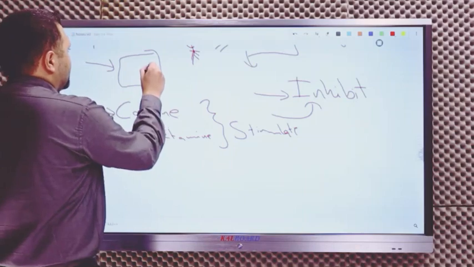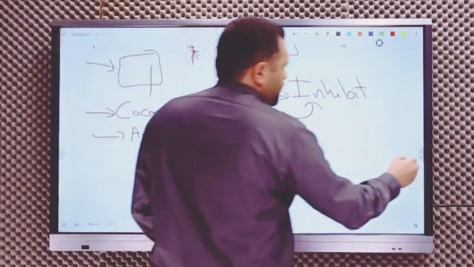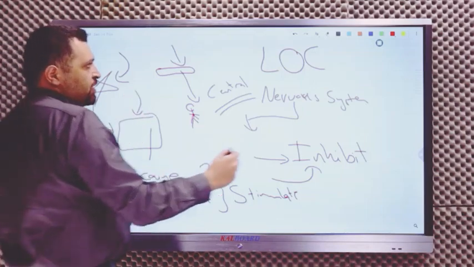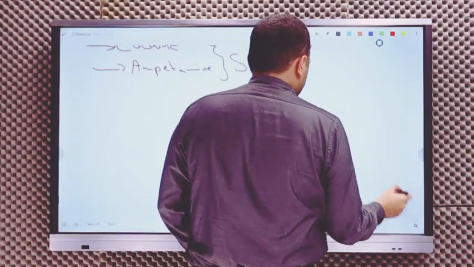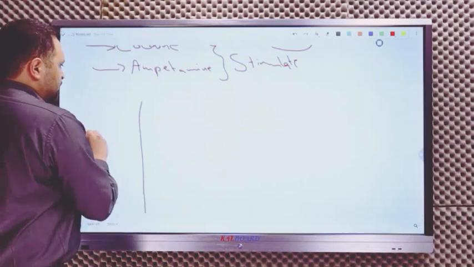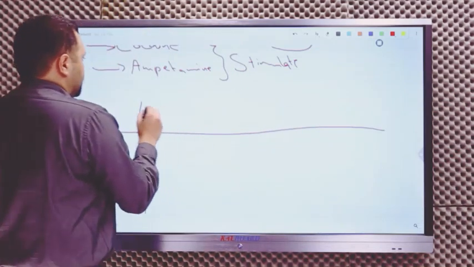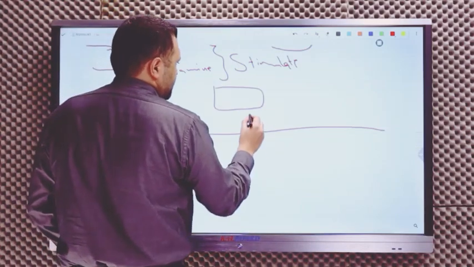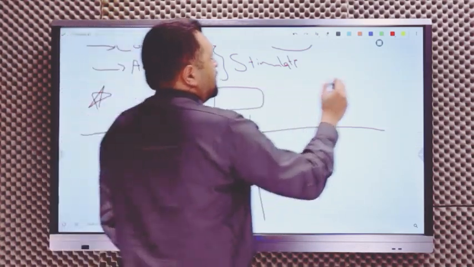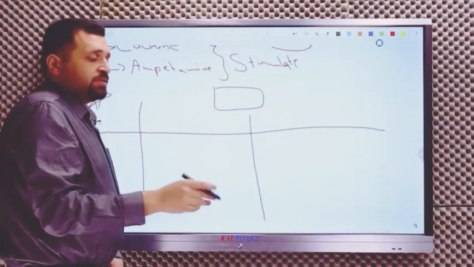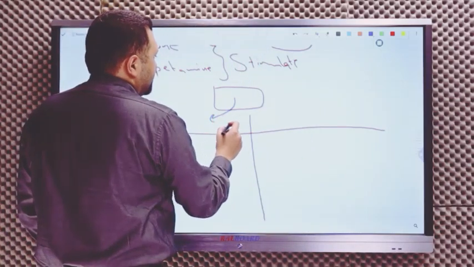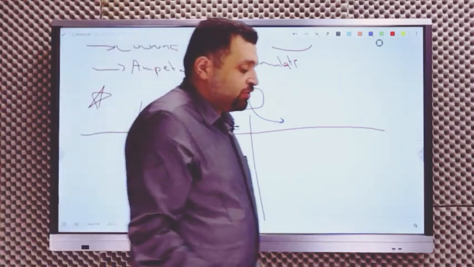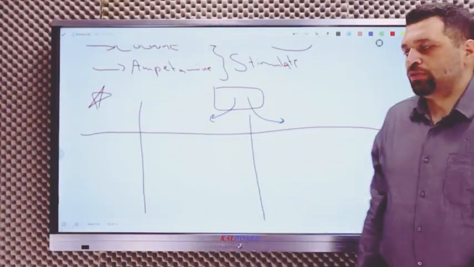Now, if we go back to the drug, here we have drugs and we have receptors. If we go here and make a table, okay, we will put the drugs here and the receptors here. The interesting thing about the CNS is that we have stimulatory and inhibitory receptors. Not all the receptors are stimulatory, neither all of them are inhibitory.